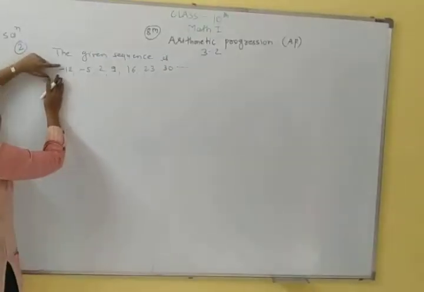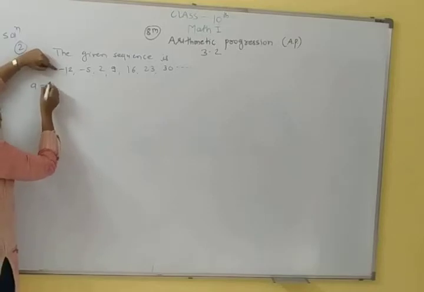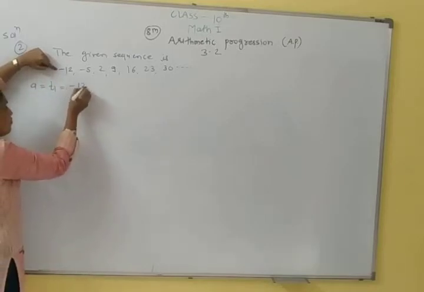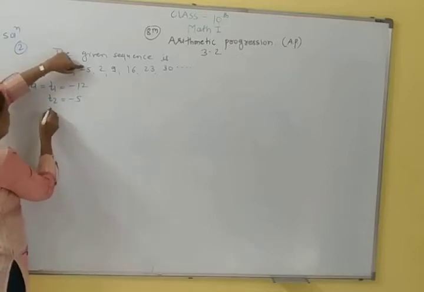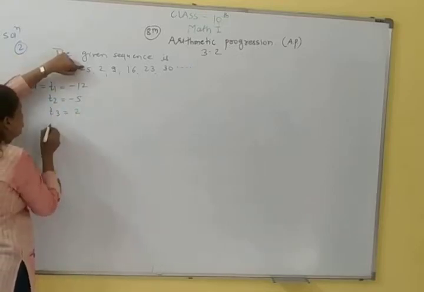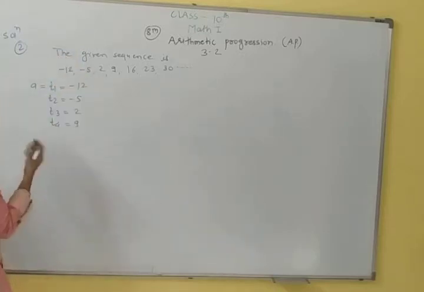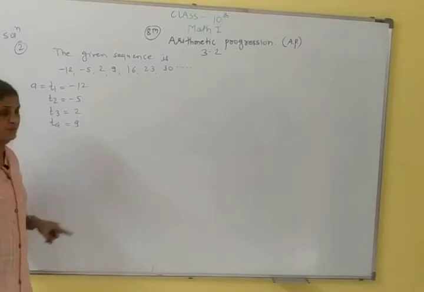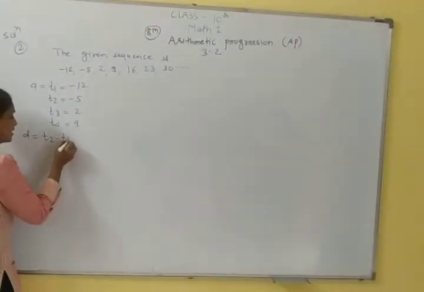So first we have to find A and D. A equal to T1 equal to minus 12. Then T2 equal to minus 5, T3 equal to 2, T4 equal to 9 and so on. Then find the common difference D. D equal to T2 minus T1.